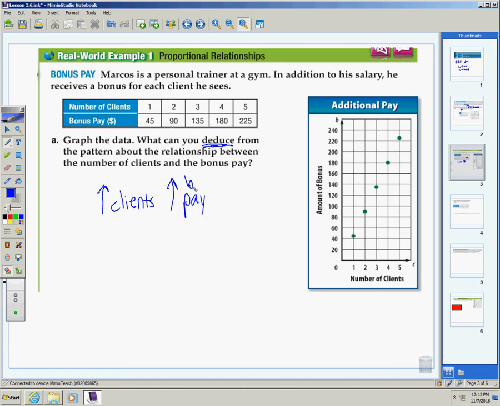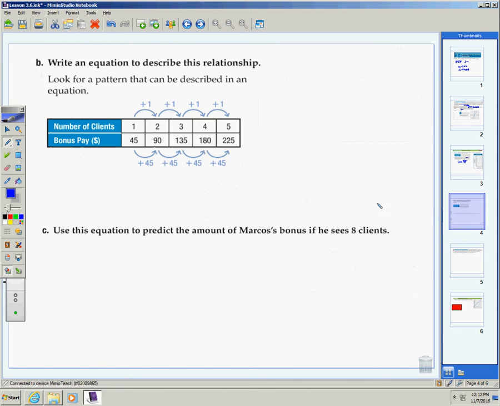That's our relationship. Now, I want to look for a pattern that can be described as an equation. Notice, my rate of change is 45 over 1. Every time it goes up 45 for every one customer.